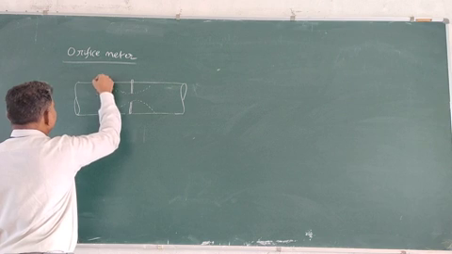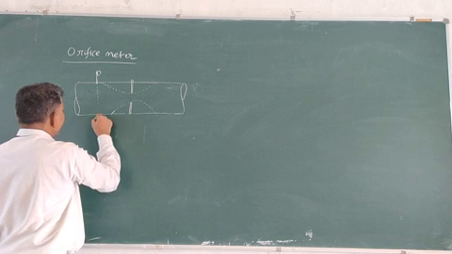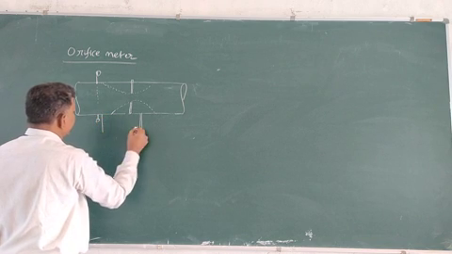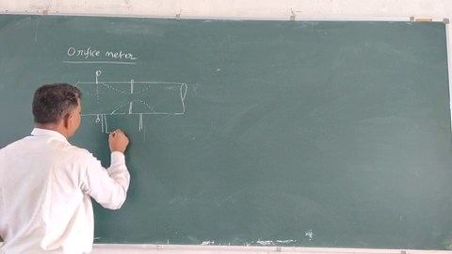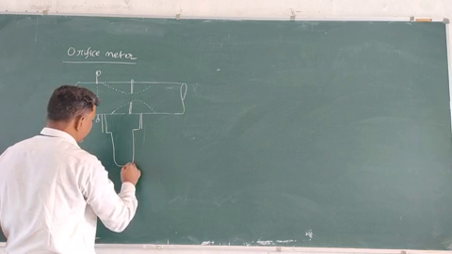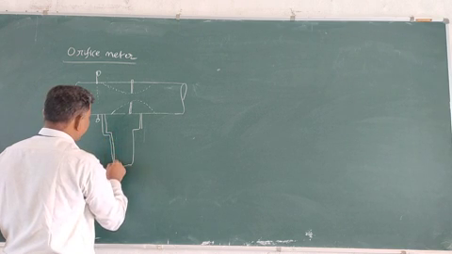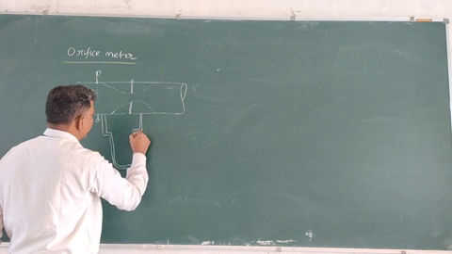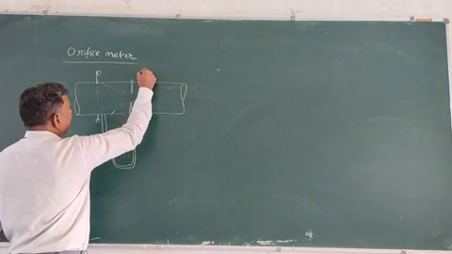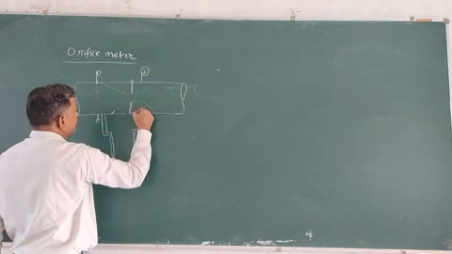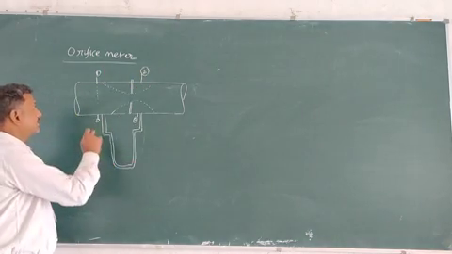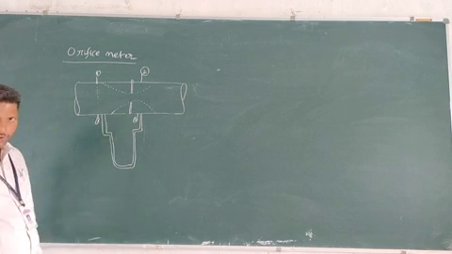There is one U-tube manometer here. We are assuming section 1 and section 2.